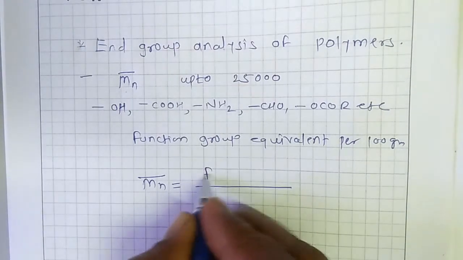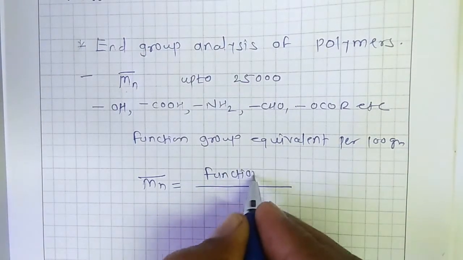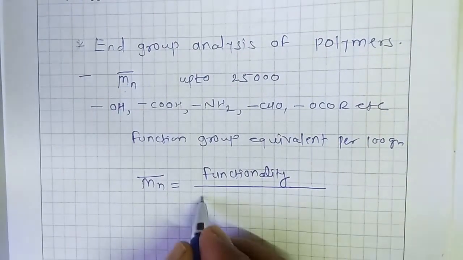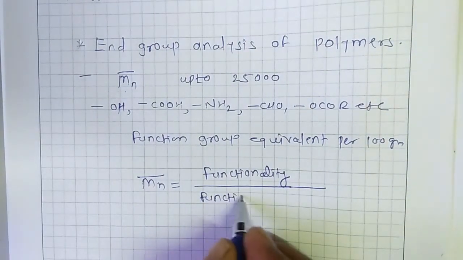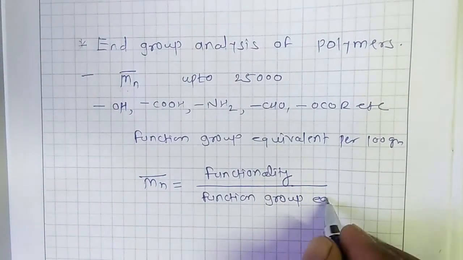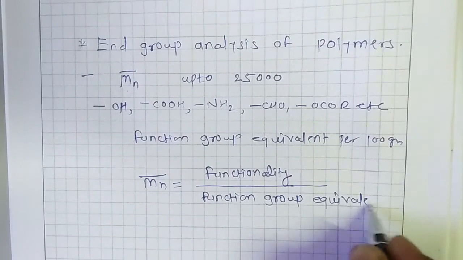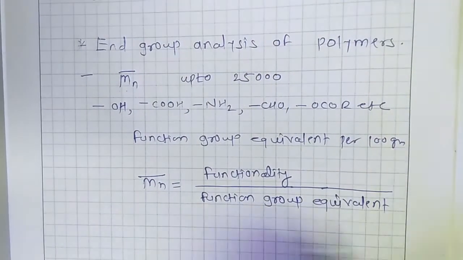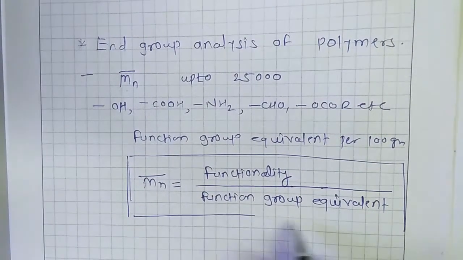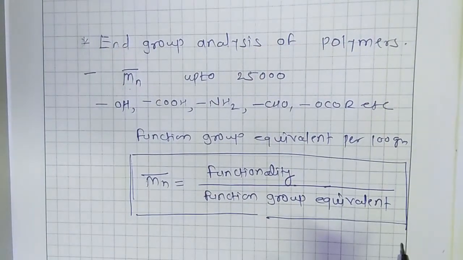Mn bar is equal to the functionality divided by functional group equivalent. This is the main formula to determine the molecular weight of the polymer.